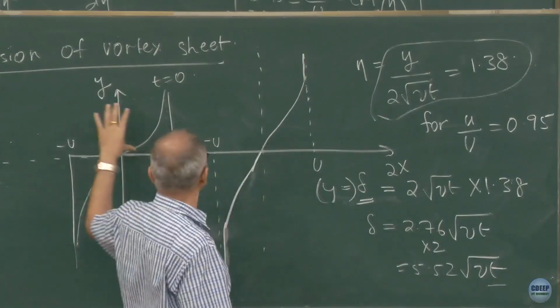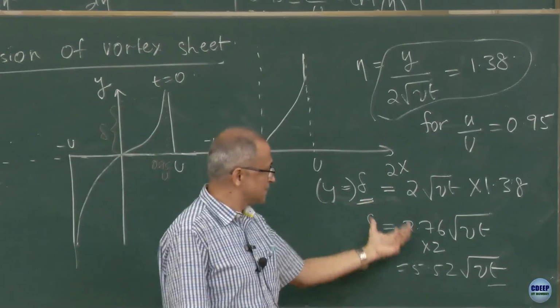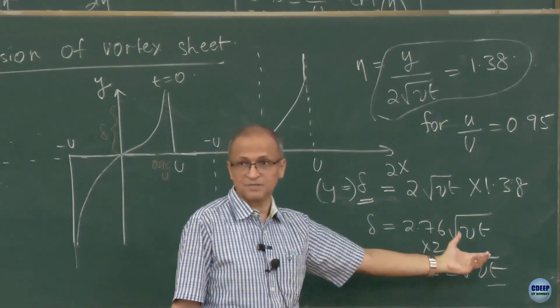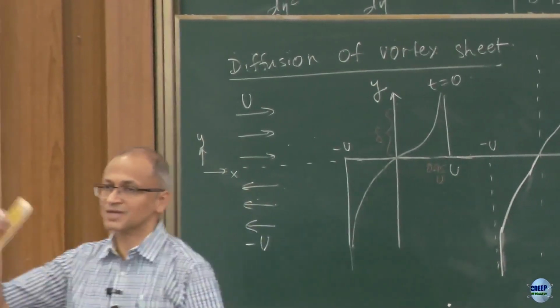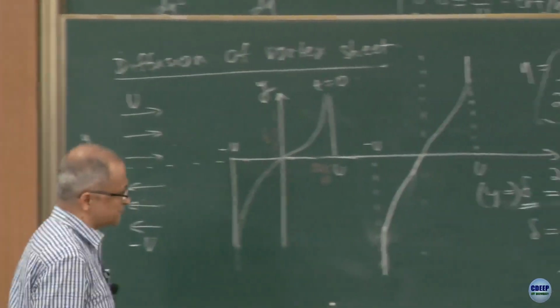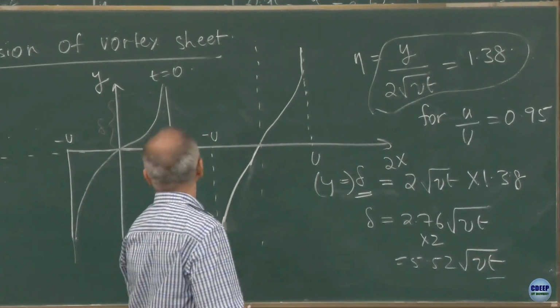But that y I'm already calling delta, so I replace y with delta, and I get delta as 2.76 times the square root of nu t. That's essentially what we have done here. And here, since diffusion is happening on both the sides, we multiplied by a factor of 2. Okay.